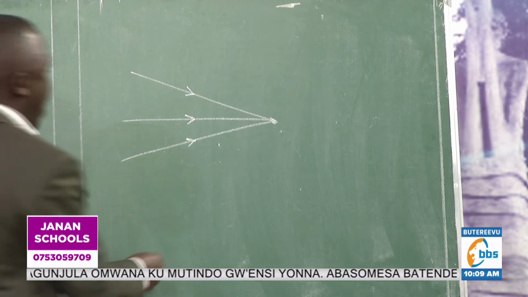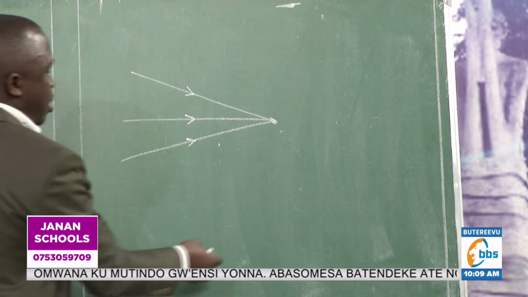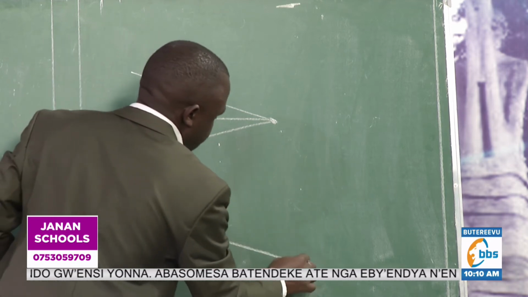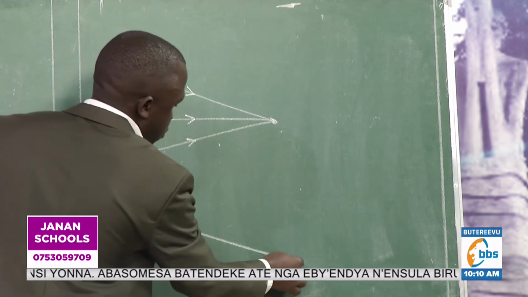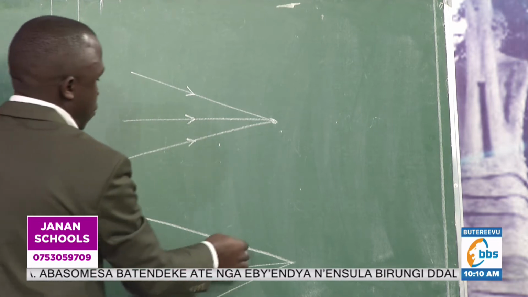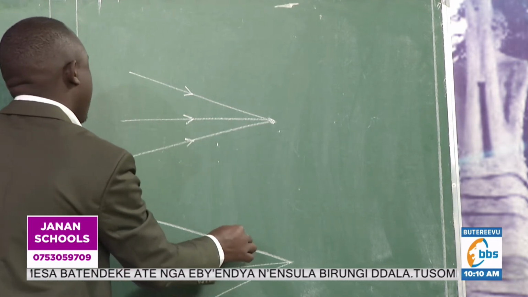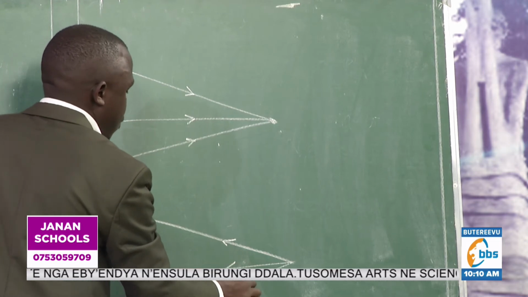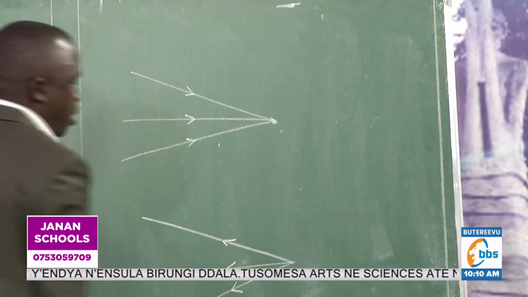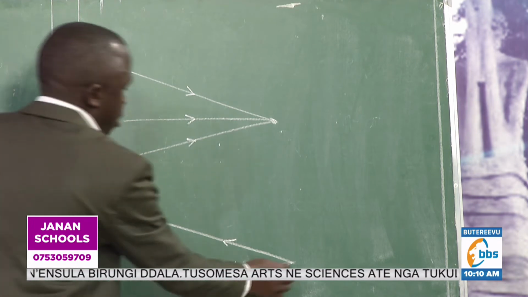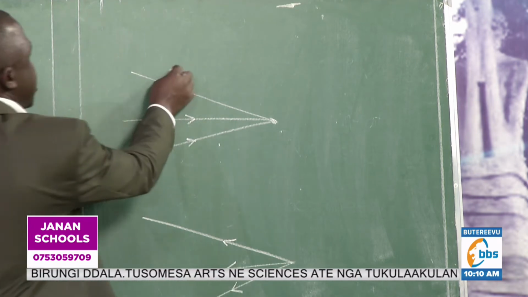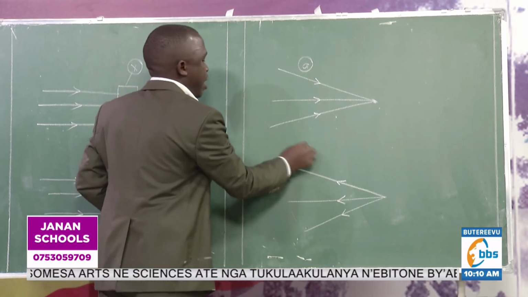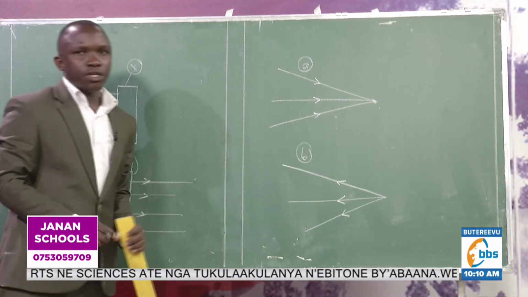And then for the diverging beam, in case they ask you to illustrate it, remember the rays come from one point and then spread out. They move in different directions, like you see there. So this is a converging beam, and this is a diverging beam.